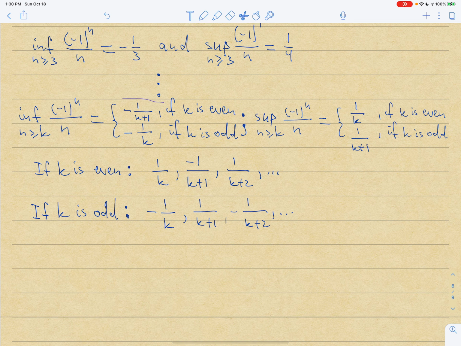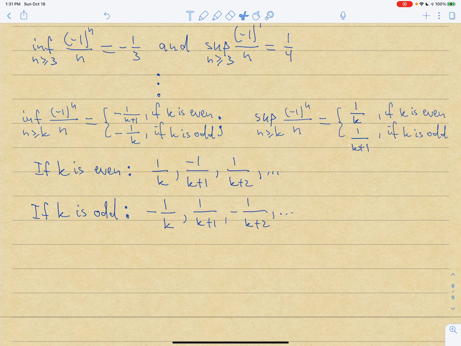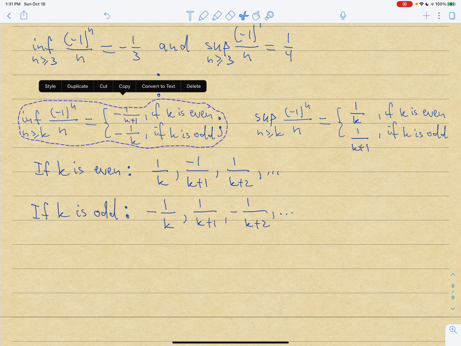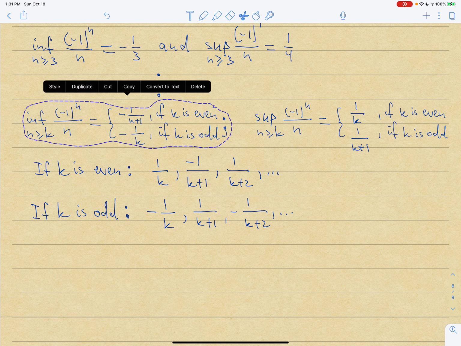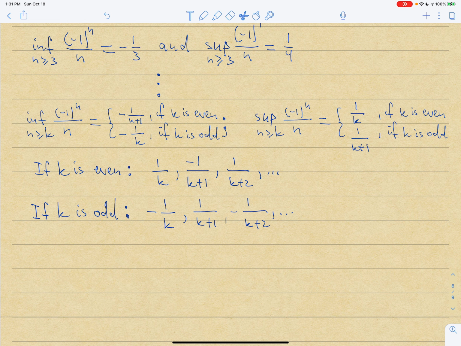And so then from this, what sort of thing can I observe? If I keep chopping off the elements of a sequence, then take supremum and infimum of the remaining elements in a tail of a sequence starting from the kth element, then infimum is a negative number that is getting smaller and smaller in size.